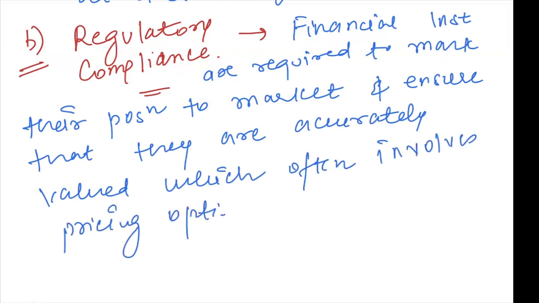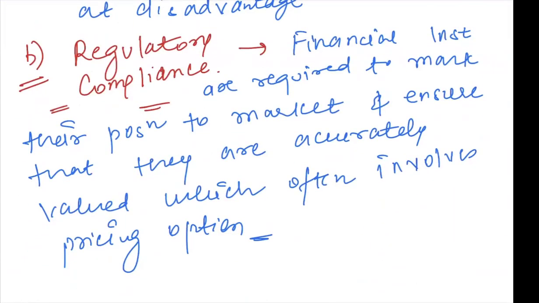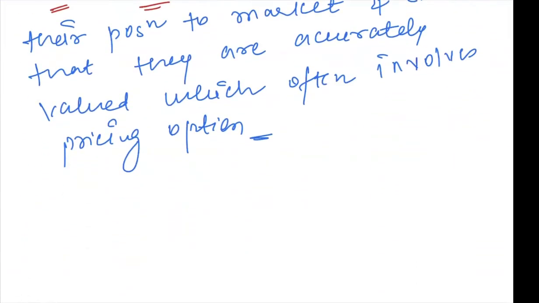So, since we are studying Black-Scholes, we will price European style options. This is the second reason why we are studying. First reason, as you know, to understand the fair pricing. Second is of course, for regulators so that we can do regulatory compliances.